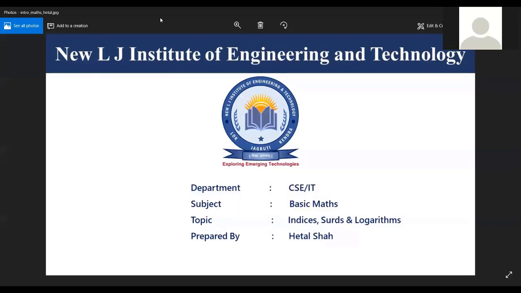Okay students, can anyone tell me what is indices? Ma'am, it can show how many times the number has been multiplied by some number. Anyone else?